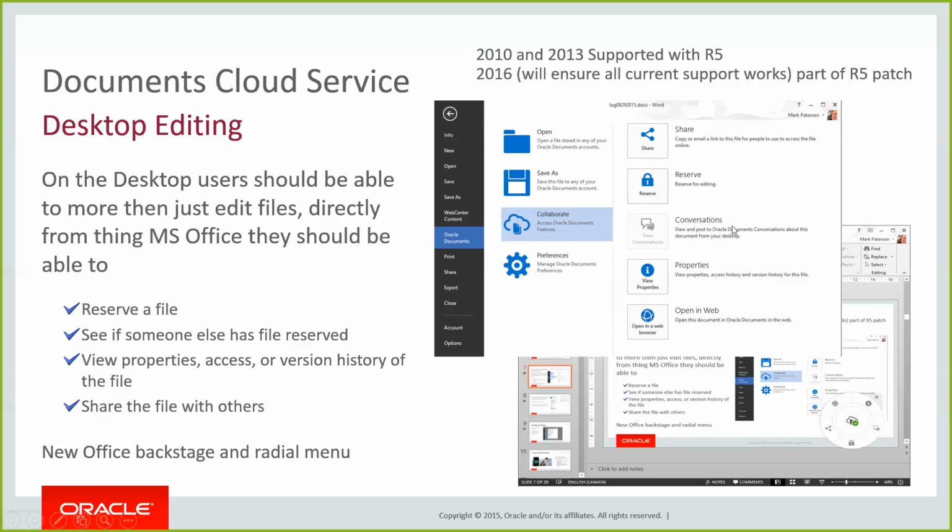You can attach conversations to a document, Oracle Social Network conversations. You can check different properties of the document. You can open the document in the web browser. You can open it in preview mode. So you have, like I said, all the features available in the web interface directly in the Microsoft Office suite.